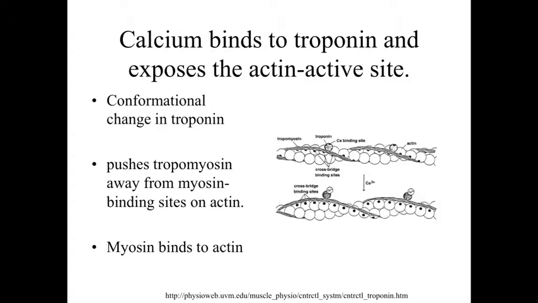When it drags tropomyosin along with it, it's going to expose the active sites on the actin, the sites where the myosin head can interact with the actin. So in essence, with calcium there, we're going to expose the actin and allow myosin to interact with the actin.